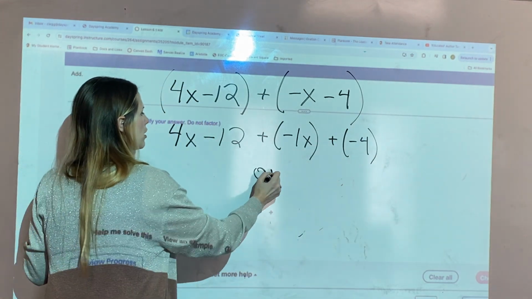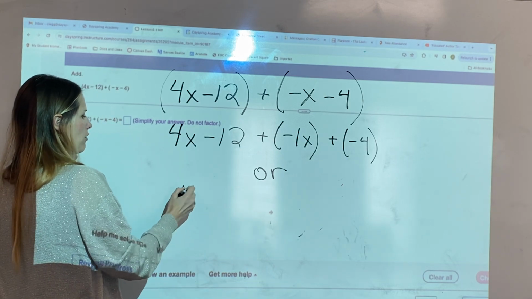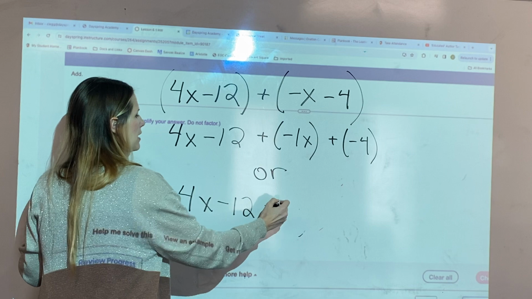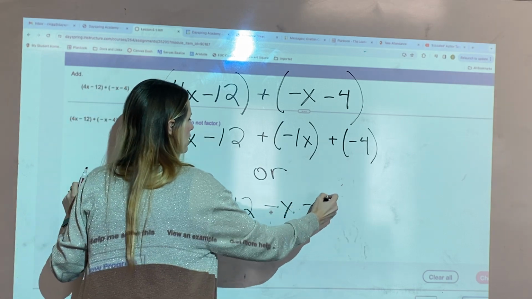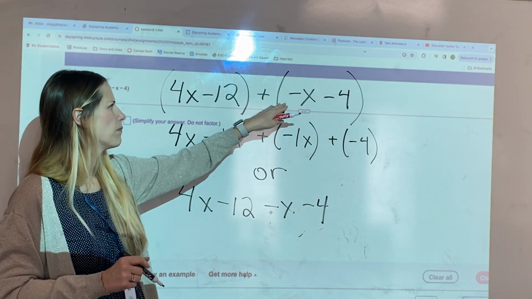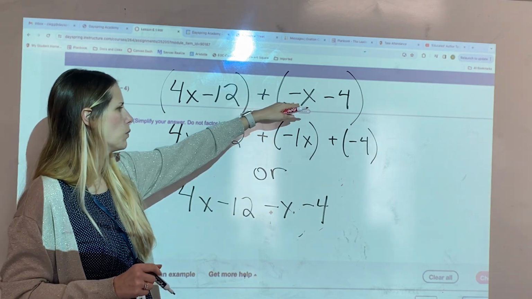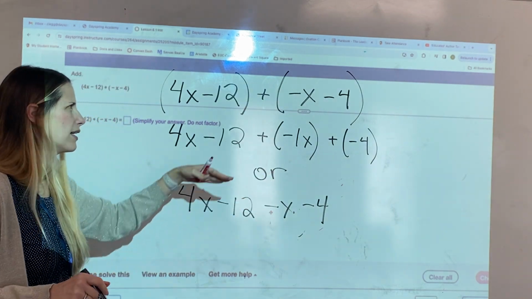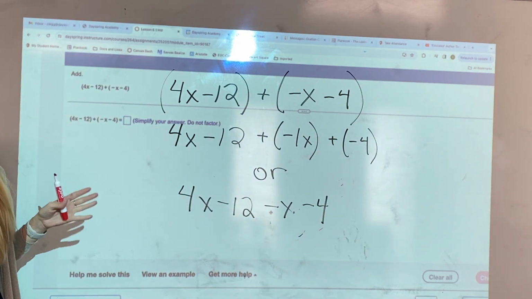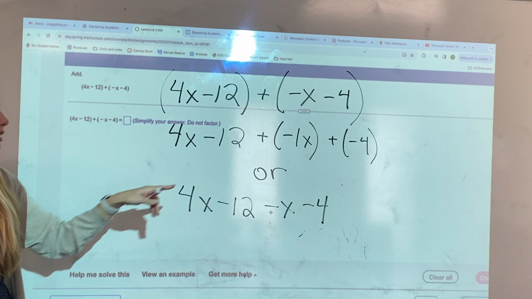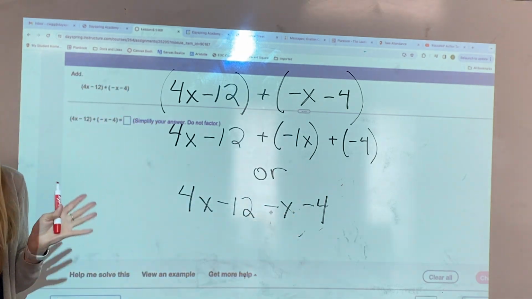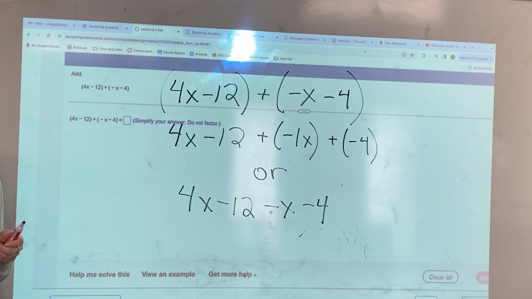You could write it like this. 4x minus 12, again, minus x minus 4. Totally fine to just do minus x minus 4 and kind of get rid of that addition sign. If that confuses you, then write plus a negative and plus a negative. Either way will work.